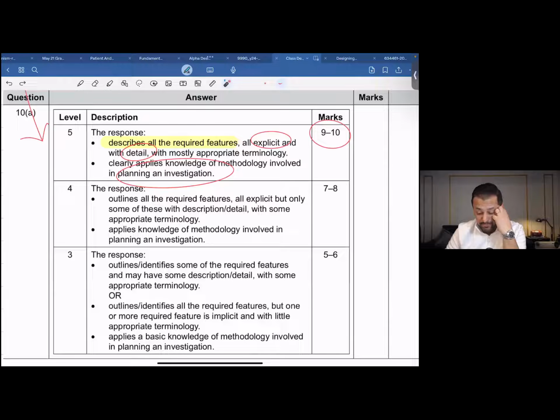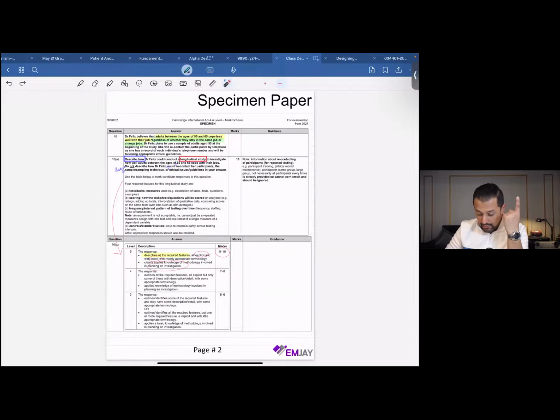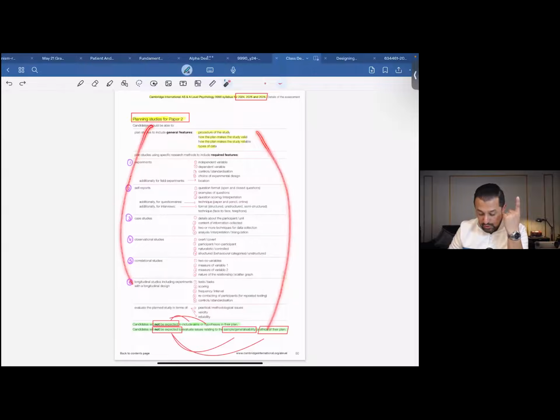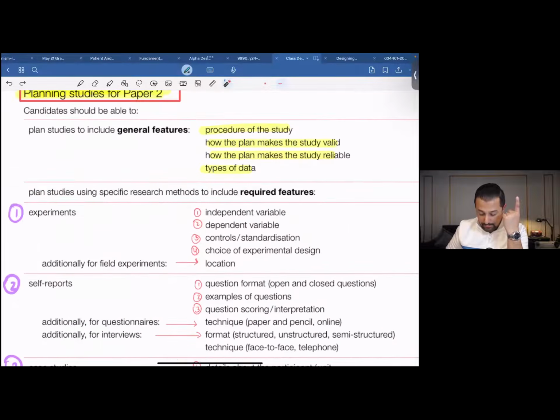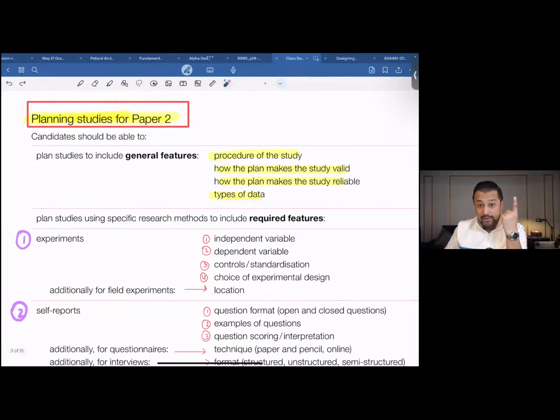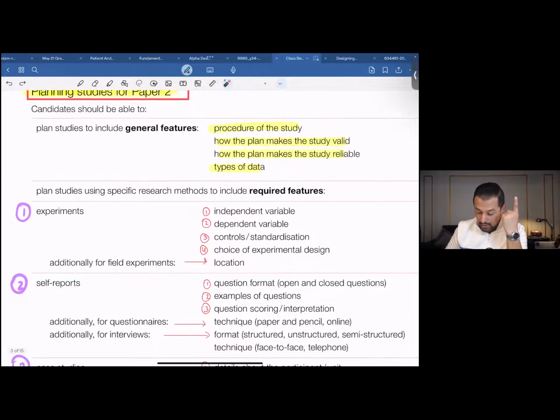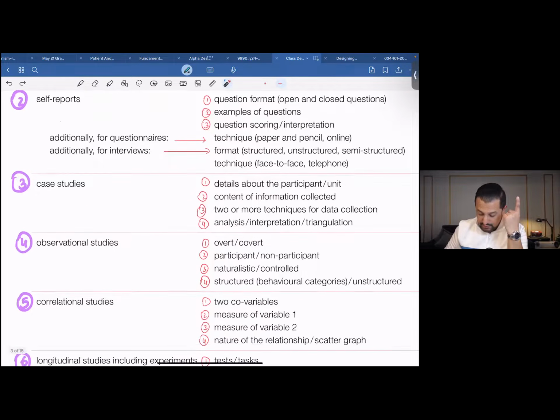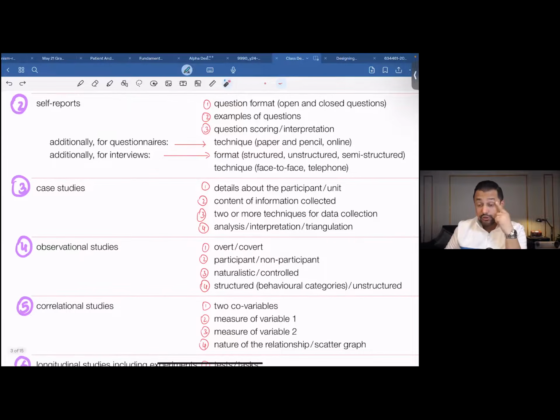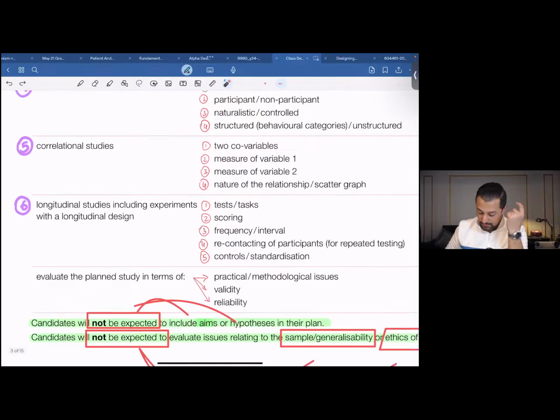And if you're expecting to score anywhere between 9 to 10 marks, number one, you should be able to describe all the required features. Remember, these are the required features that I had asked you all to maybe pause and copy and then learn how to apply. So these are the features. If you did not do that earlier, you might as well do it right away. So here you go.